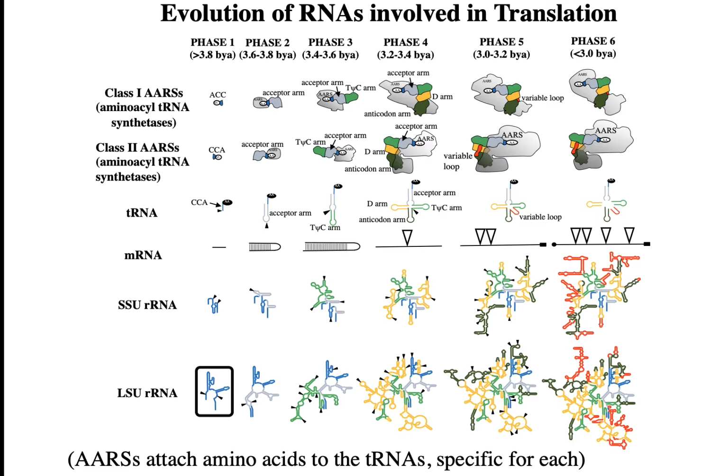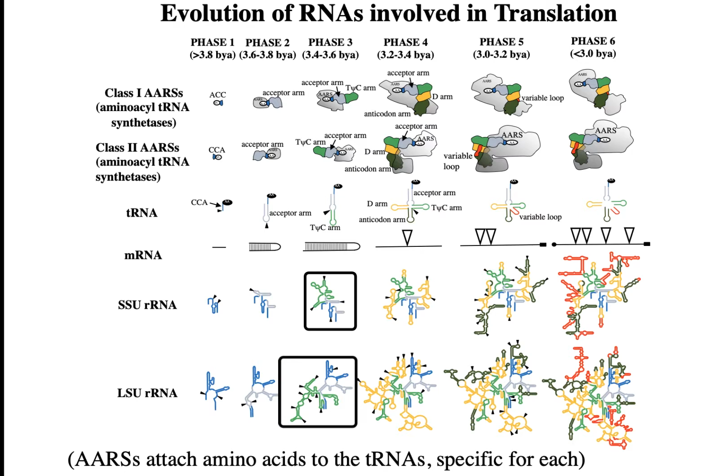The large subunits early on gained the peptidyl transferase center, that is the enzymatic portion of the ribosome that puts together the amino acids via a peptide bond. So that's the enzymatic portion of the ribosome.